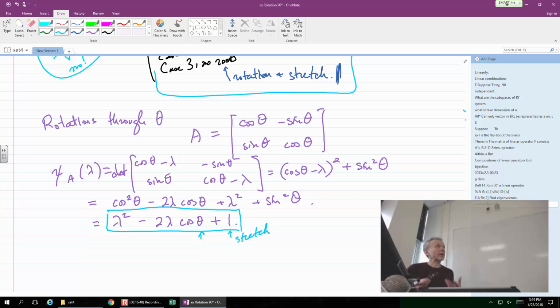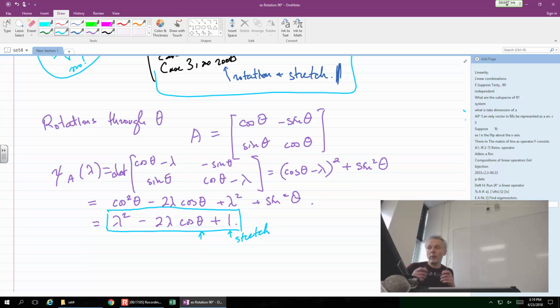So if we are looking in the characteristic polynomial to identify where the stretch is hidden, it turns out it's hidden in plain view. That 1 over there, the last coefficient, the free term, turns out to be the coefficient of stretch.